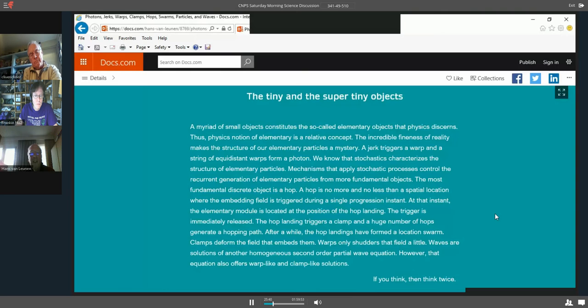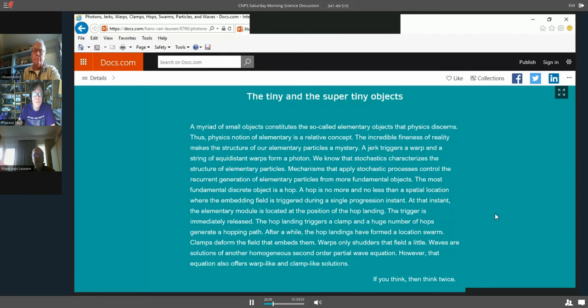So elementary particles can travel in the positive direction and in the negative direction. And they have reflection points, and at the reflection points you get pair production and pair annihilation.